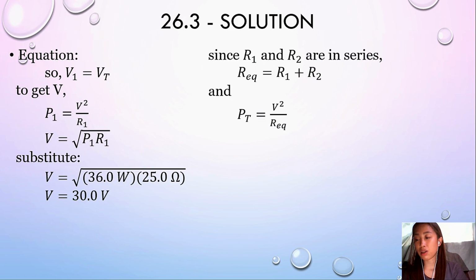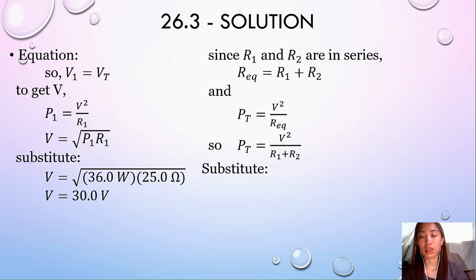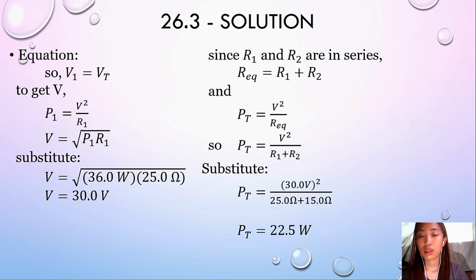Now we can use this equation to find the total dissipated power by the two resistors: PT, or the total power, equals V squared over R1 plus R2. Now we can plug our values for V, R1, and R2 into this equation to get the total dissipated power. We get 22.5 watts. So the total dissipated power by the two resistors is 22.5 watts.